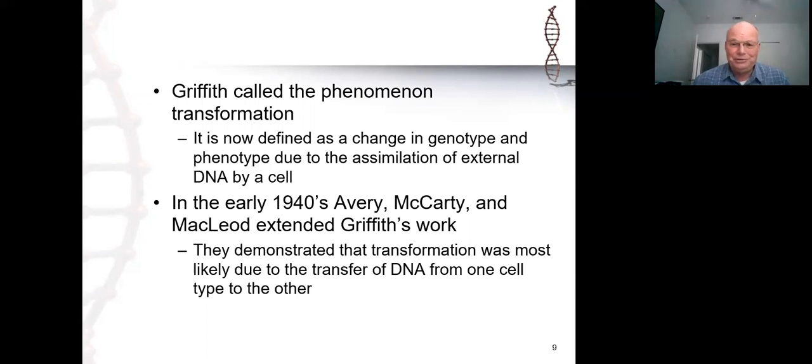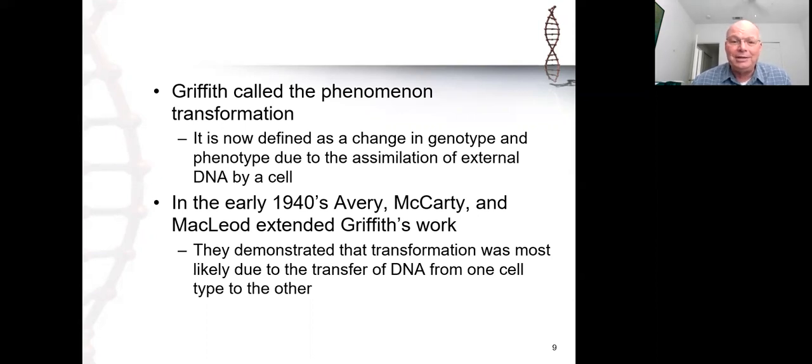So remember, one of the solutions lacks protein, one of the solutions lacks DNA, and one of the solutions lacks RNA. And it was only in the solution that lacks DNA that they could not get transformation. In other words, in the absence of DNA, you got no transformation. In the solution that lacked protein, you still got transformation.